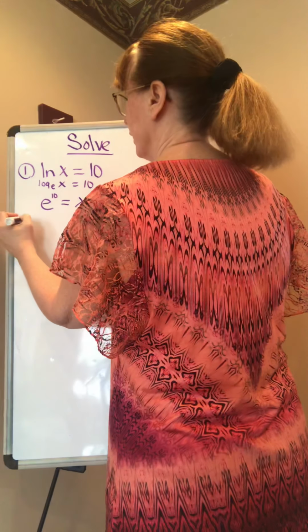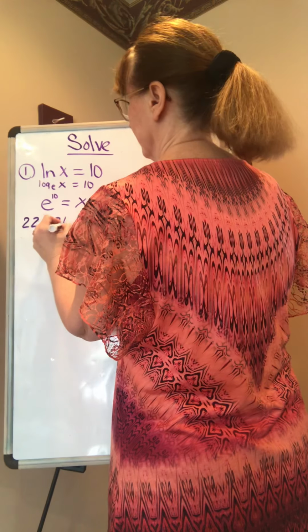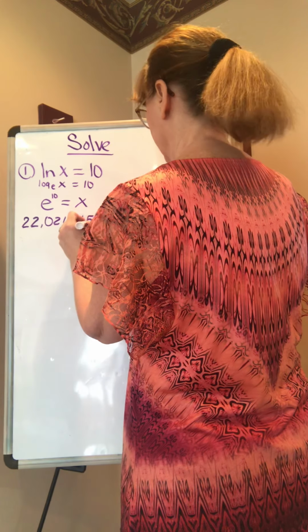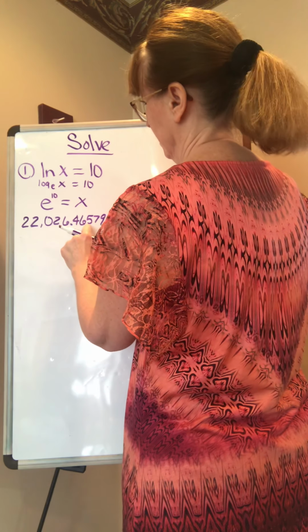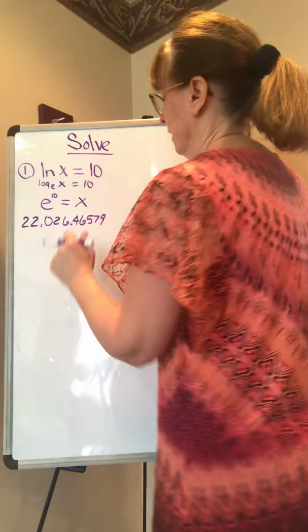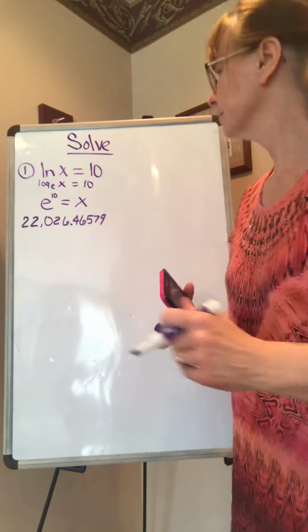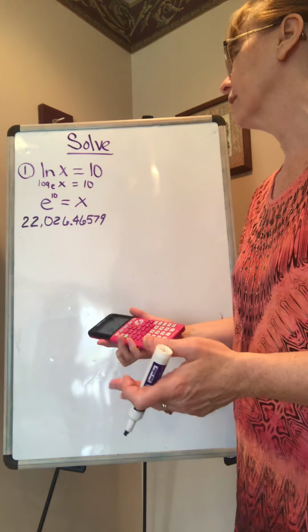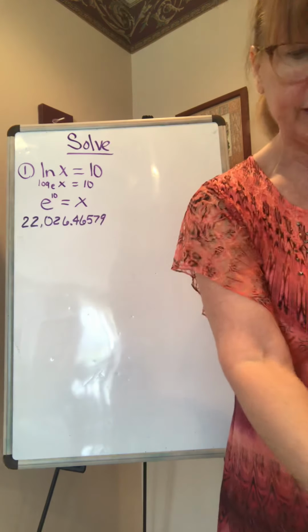So I get 22,026 and 46,579 hundred thousandths. That's how you say that. They didn't tell me to round, so I never round unless they tell me to round. And this one did not say to do any rounding.